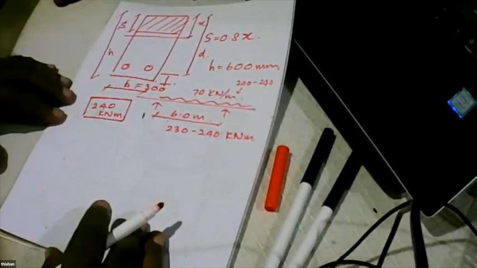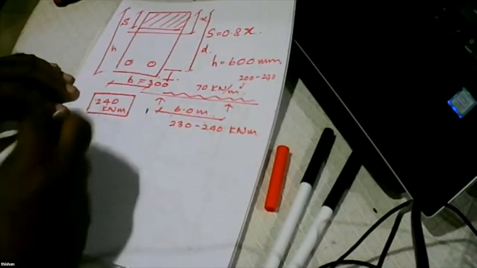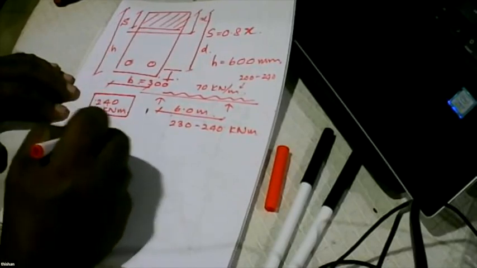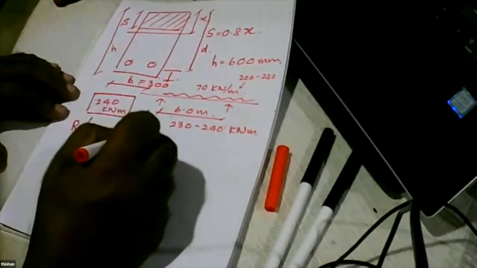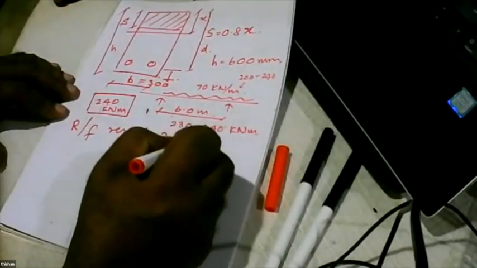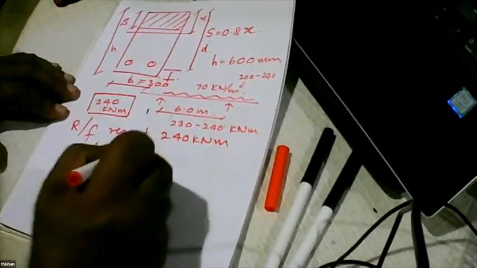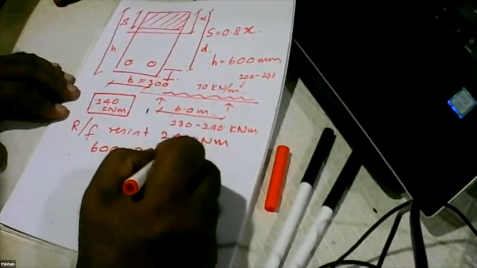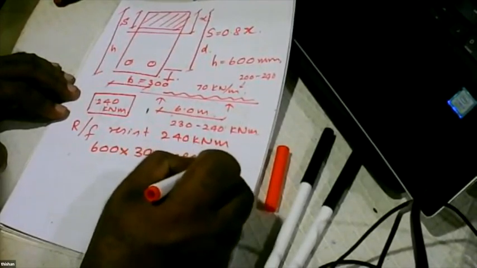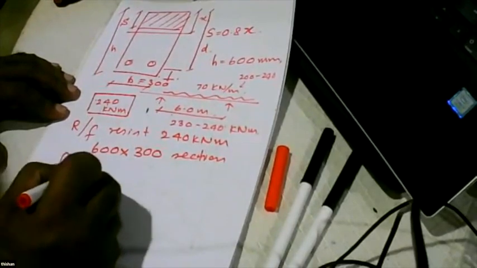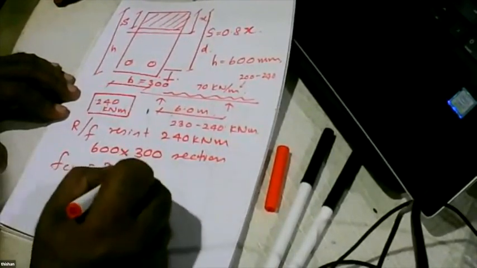So that is the task. There is a situation of 240 kilonewton meters, and we want to see how much reinforcement is needed to resist 240 kilonewton meters for a 600 by 300 section with FCK equals 30 megapascal.